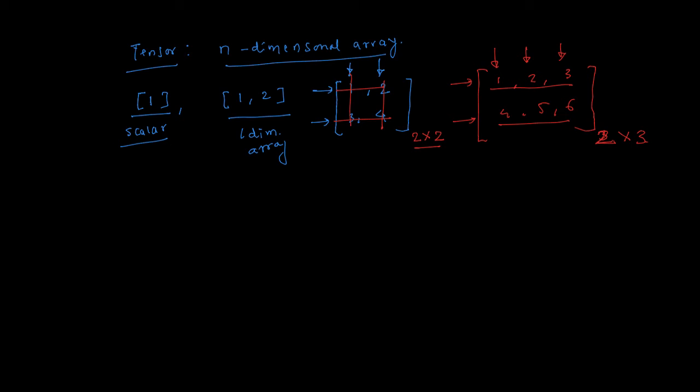Now internally, if we see the representation of these arrays in the computer memory, there are no rows and columns in computer memory, so these numbers are stored sequentially. If I show a flat representation, the first row goes here, and the second row immediately goes after this, 3, 4, right?